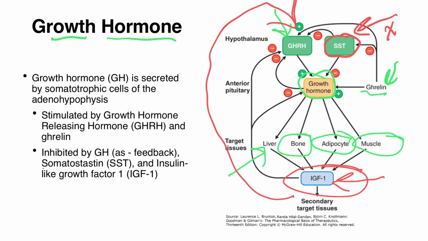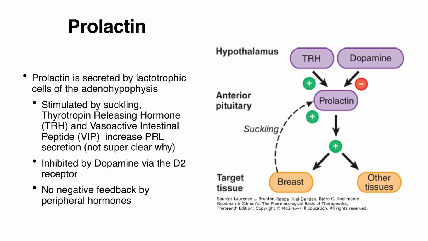So if you understand what inhibits and what stimulates growth hormone secretion, understanding how we treat disorders of growth hormone secretion becomes really easy. In the same family as growth hormone, which is called the somatotroph family, is another hormone that is produced by the anterior pituitary called prolactin. Prolactin's got a pretty good name in that we can break it down into prolactation.